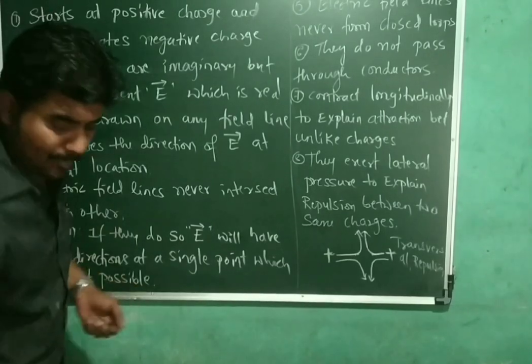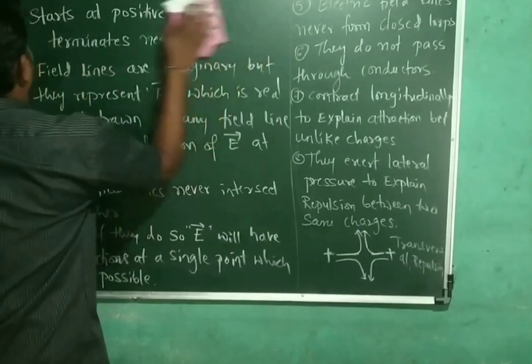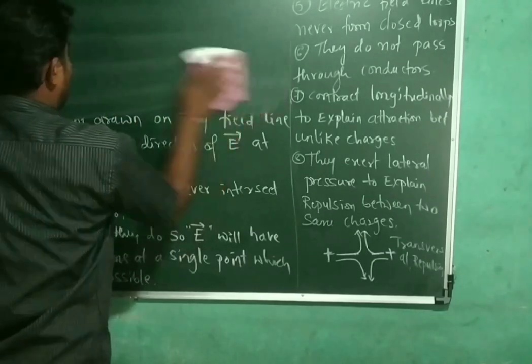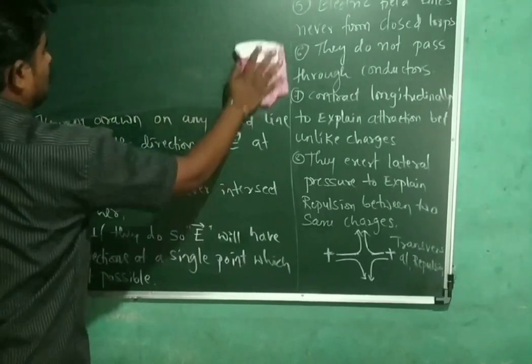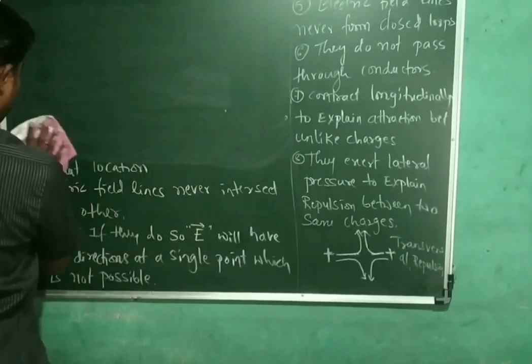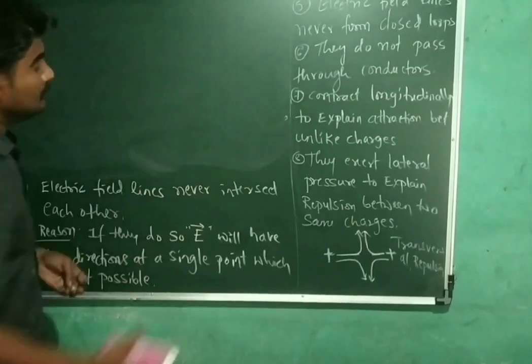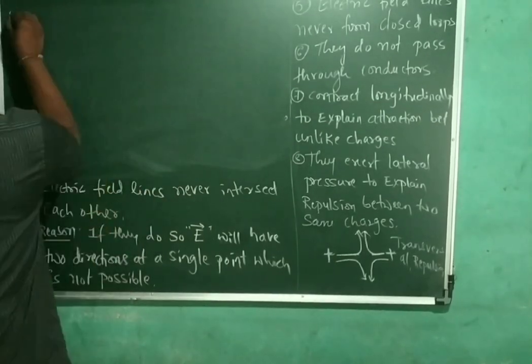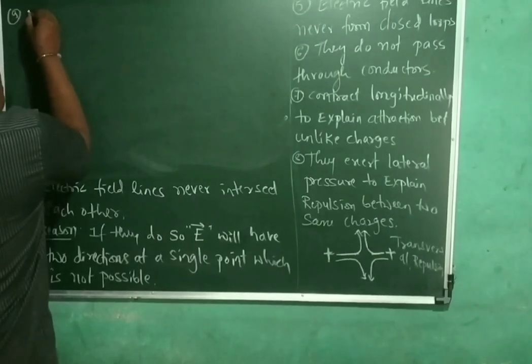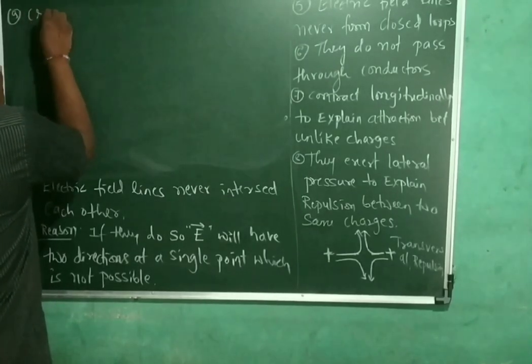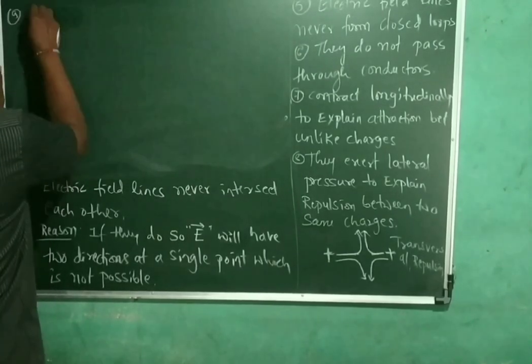Next property, ninth property: crowding of lines or density of field lines.